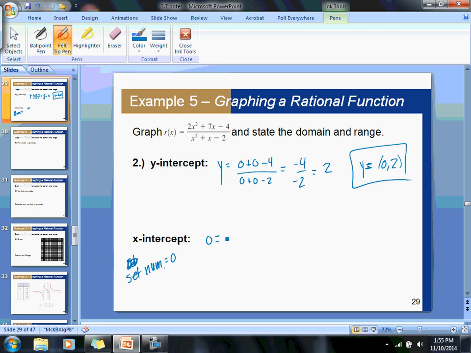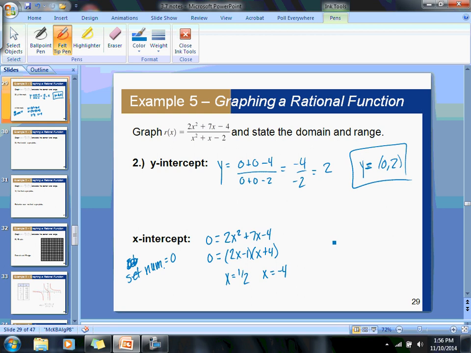You could take your original numerator, 2x squared plus 7x minus 4, and set it all equal to 0. But you have to factor it, and we factored it on the previous slide. That work is shown. And then you set each of those equal to 0 and solve each of those little parentheses. So you get 1/2 and negative 4.